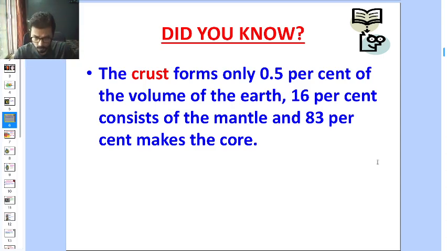It makes up the lithosphere, which you learned about in last year's geography. The crust is only 0.5%, whereas the remaining is made up of 16%, that is the mantle, the layer below the crust, and 83% makes up the core, the centermost part of the earth.